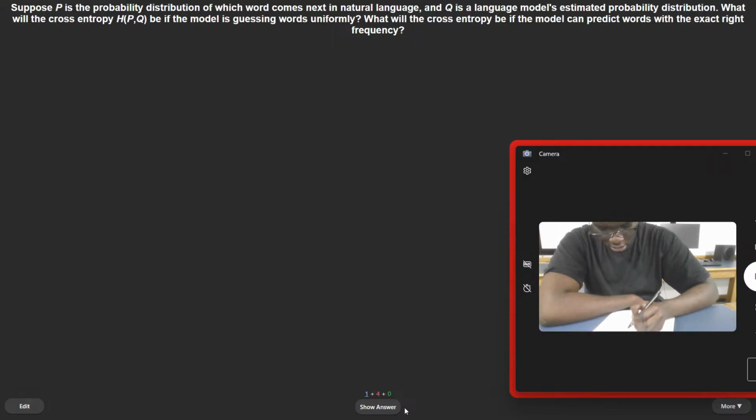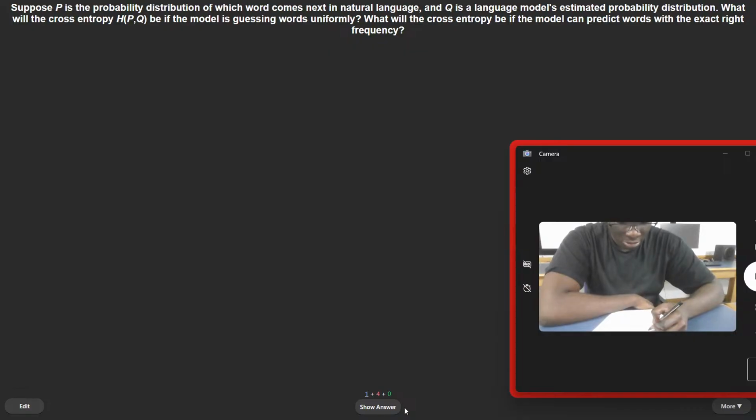The probability distribution is which word comes next. We write it as a summation, so this is minus the sum over x of p(x) log q(x). We know that q(x) is just one over the vocabulary size, a constant in x, so we can pull it out.